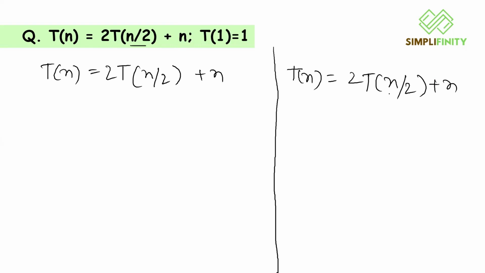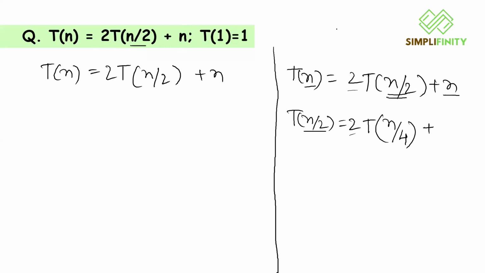Okay, now once this is clear, we need to find T of n by 2. When it was T of n, it was 2 T of n by 2. So when it is T of n by 2, the 2 will remain the same because it's a constant. So 2 T of n by 2 by 2, which means n by 4, plus this n.